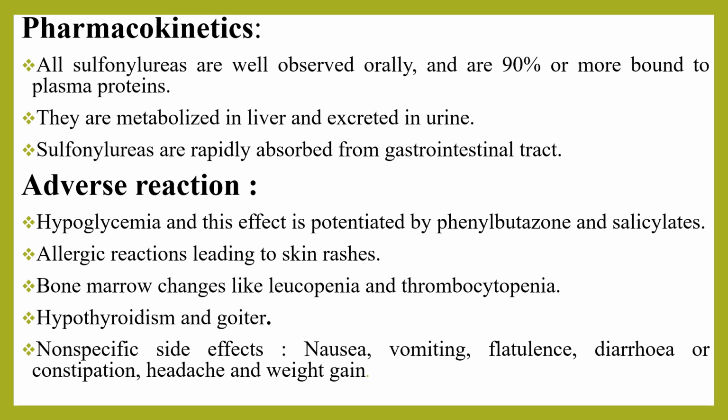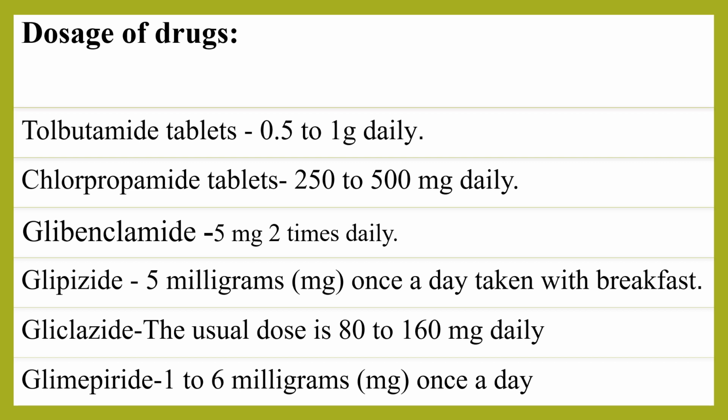The adverse reactions are hypoglycemia and allergic reactions leading to skin rashes, bone marrow changes like leukopenia and thrombocytopenia, then hypothyroidism and goiter. The non-specific side effects are nausea, vomiting, flatulence, diarrhea or constipation, headache and weight gain.